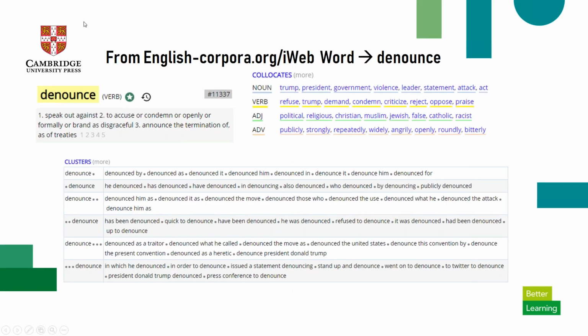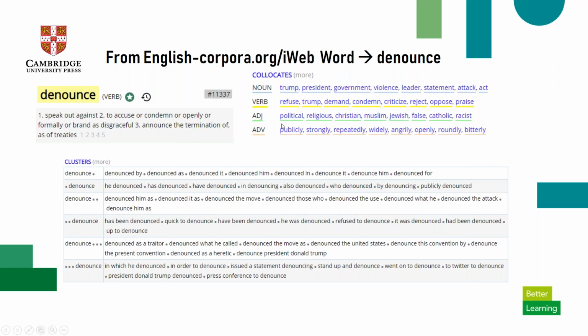Now I look a little bit further in the English corpora group. Instead of englishcorpora.org/COCA, I looked at englishcorpora.org/iWeb. This gives you an interesting little display. It gives you a definition.